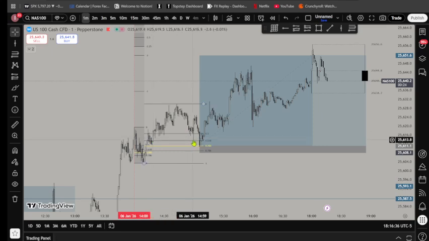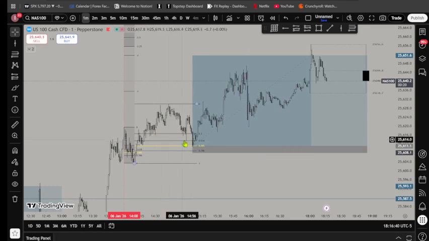It gets fully filled here. It doesn't tap into our 0.618, so that to me wasn't really a super good entry, right? But if you look down a little bit, we have the 0.705, which is also a good OTE entry, right? And it so happens to align right inside this gap very nicely for me.